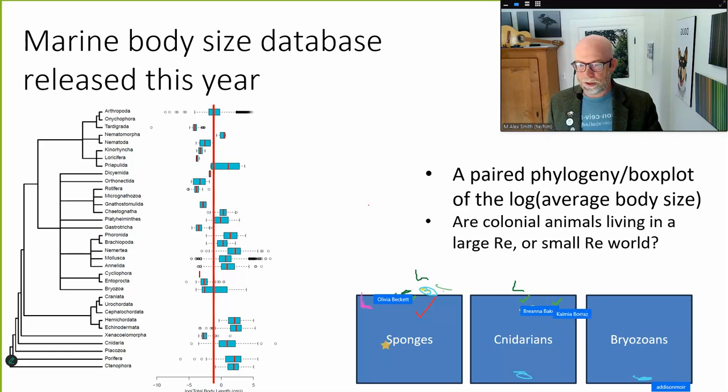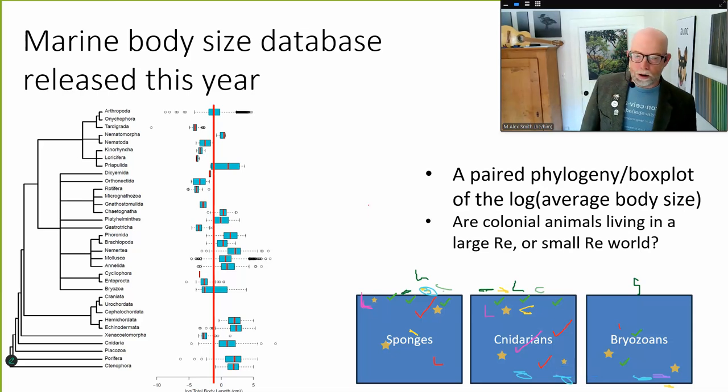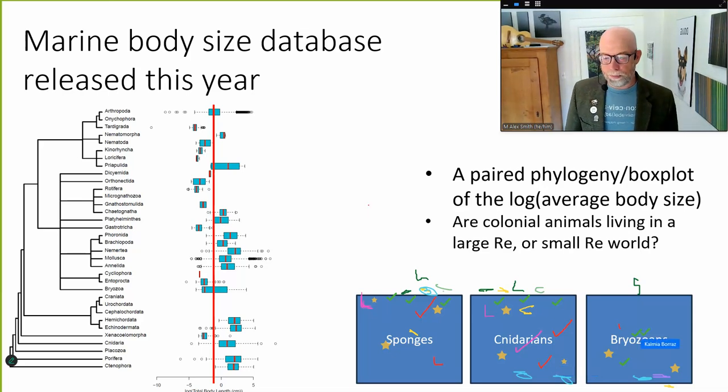Yeah, most sponges are big things. Most cnidarians, colonial cnidarians, are big things. Let's move from the bottom of that screen into within, and look for bryozoans. Ooh, lots of variability, but if that red bar indicates the mean, they're smaller, but they're kind of both.